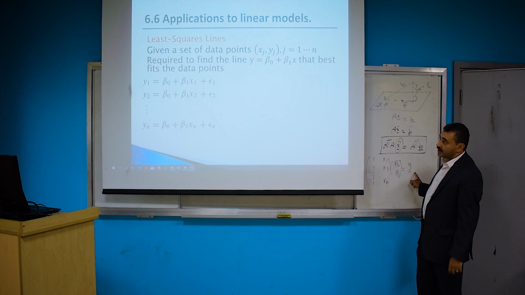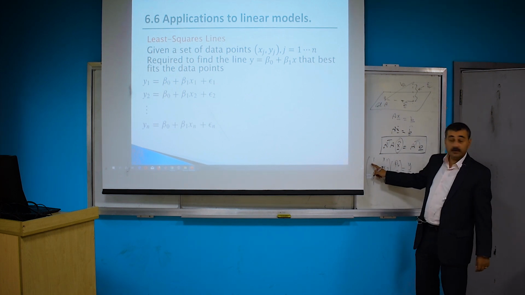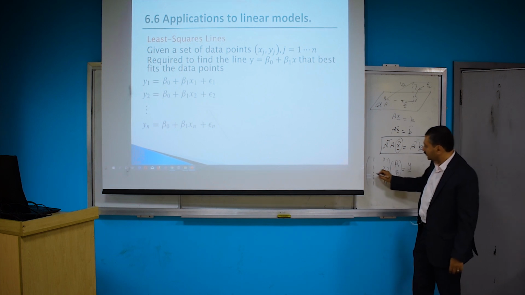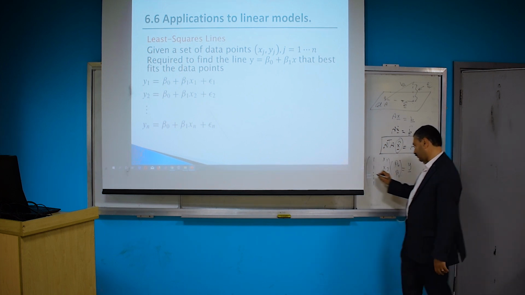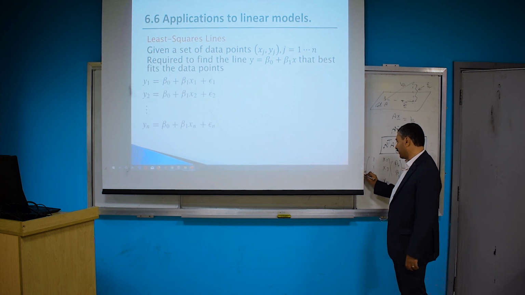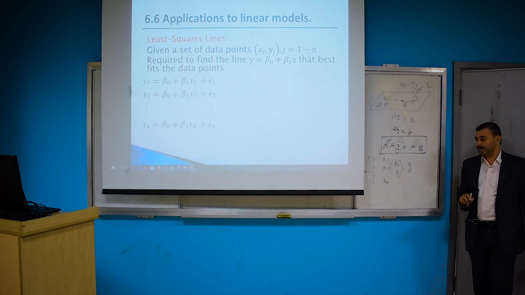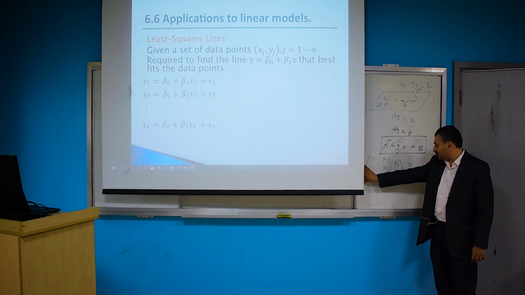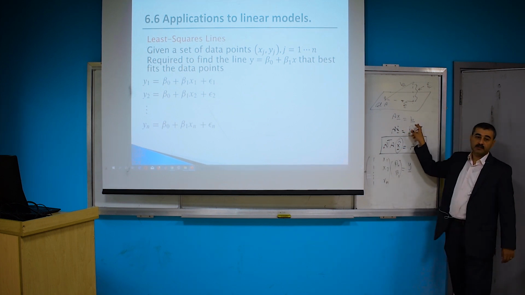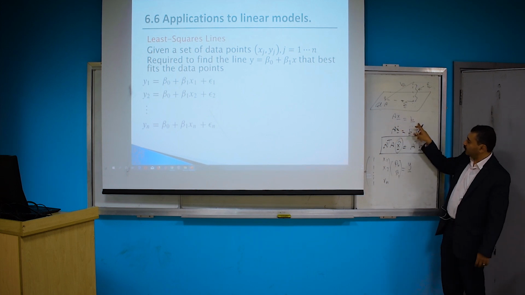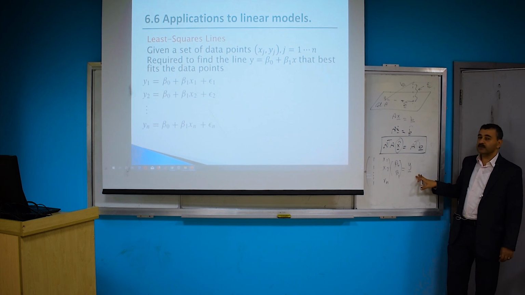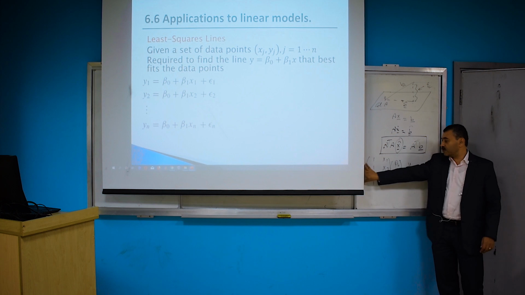So this is y equal beta naught plus beta 1 x. You will have some error here, the epsilon vector. Okay, so if you look at this, it'd be similar to our previous problem here. You have Ax equal b. You will have here some matrix by a vector equal a vector y, and this system has no solution.